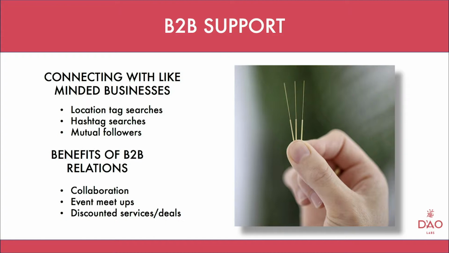You can find these businesses just from knowing your local area, but you can also find them on Instagram by doing a location tag search, a hashtag search, or by searching through some mutual followers. You find your mutual followers by looking at some of your own followers first, and you go into their profile and you see who they're following, and you look for businesses that are similar to yours. And then therefore you probably have a lot of mutual followers.